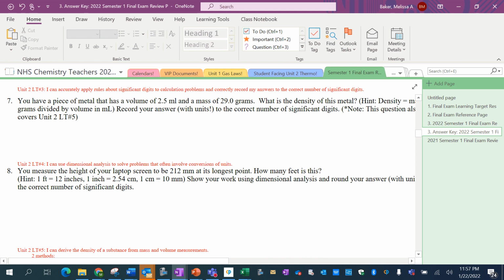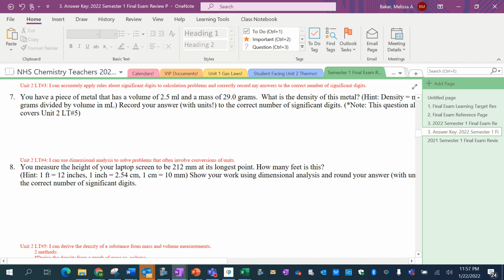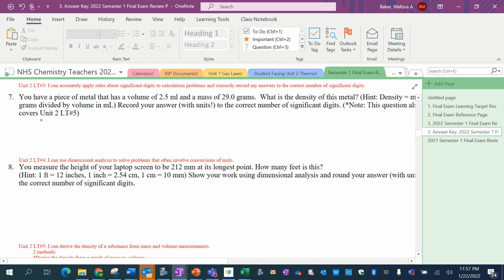You have a piece of metal that has a volume of 2.5 and a mass of 29.0. What's the density? Density is mass in grams divided by volume in milliliters. 29.0 grams divided by 2.5 milliliters.